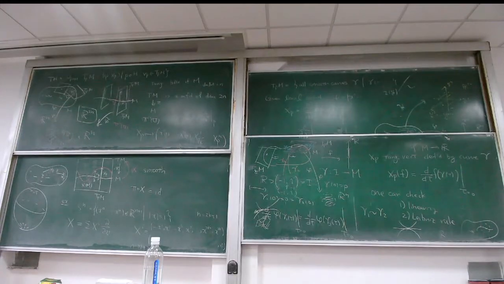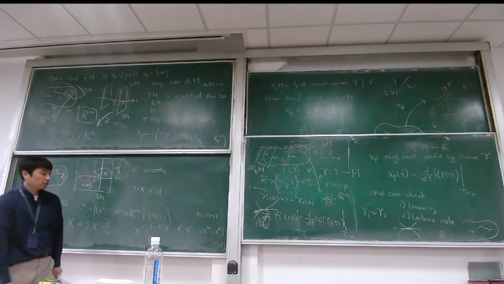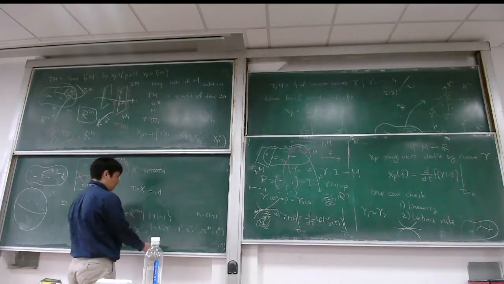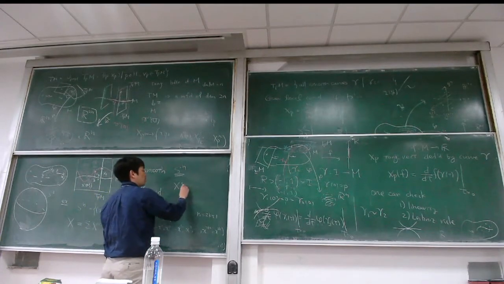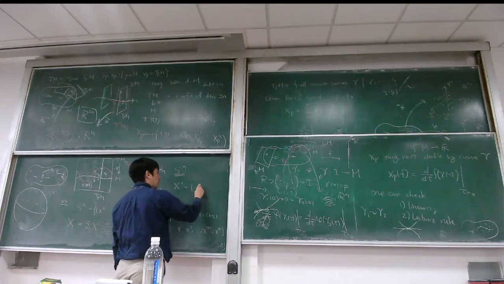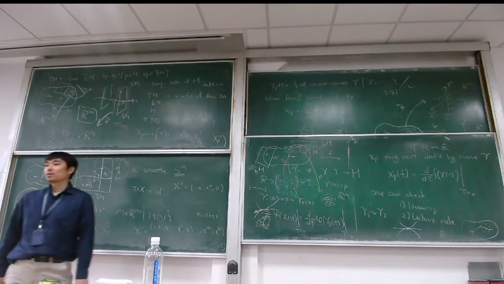So let's look at the S2 case. Do you understand what I'm doing here? The S2 case is exactly when k is equal to 0. K equal to 0 means that the vector field xi, in the particular S2 case, is minus x1, x0, and 0.